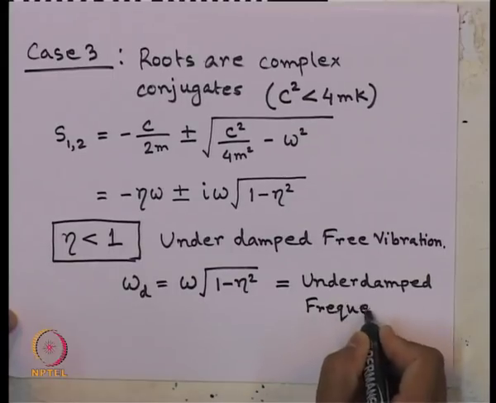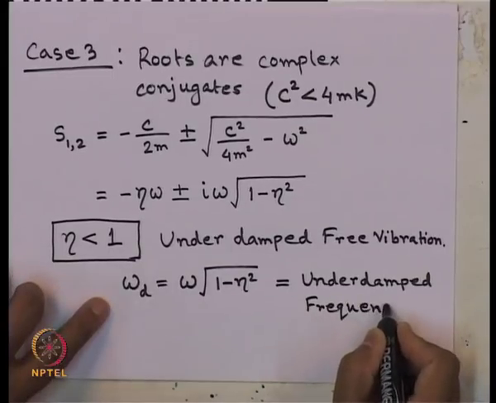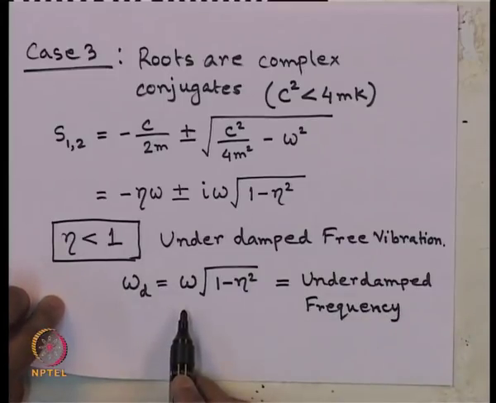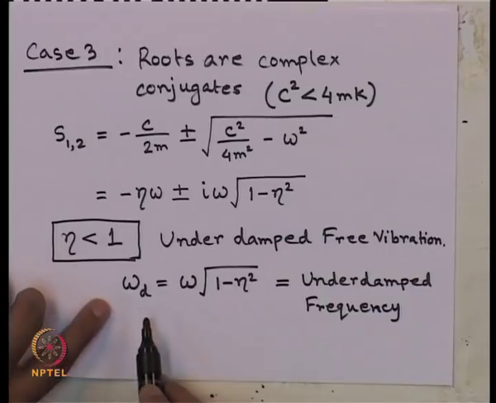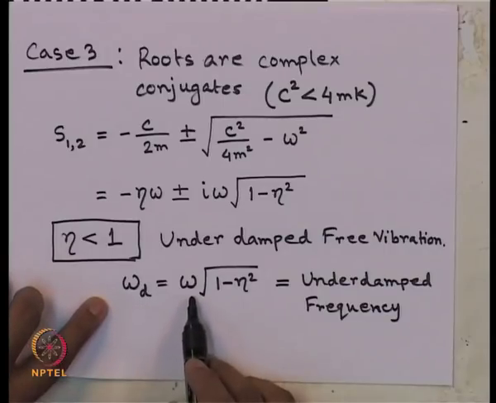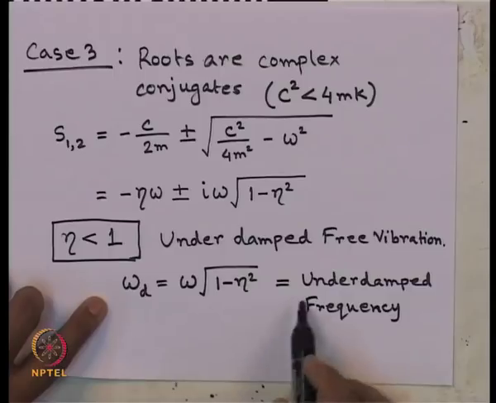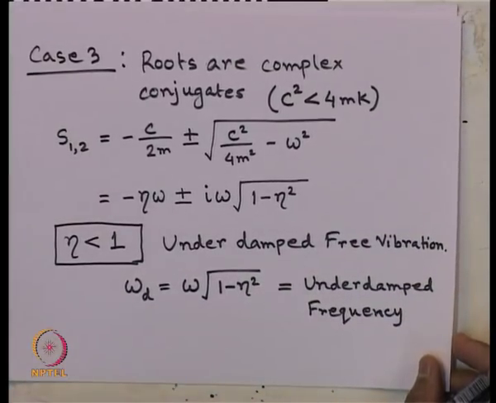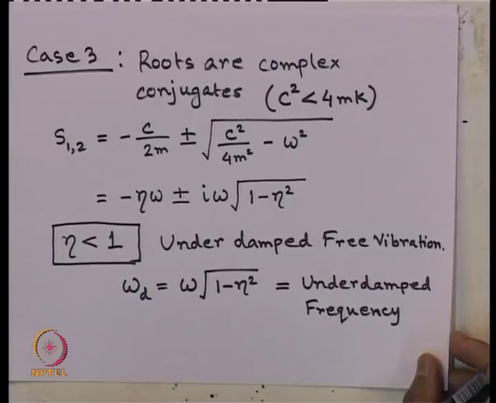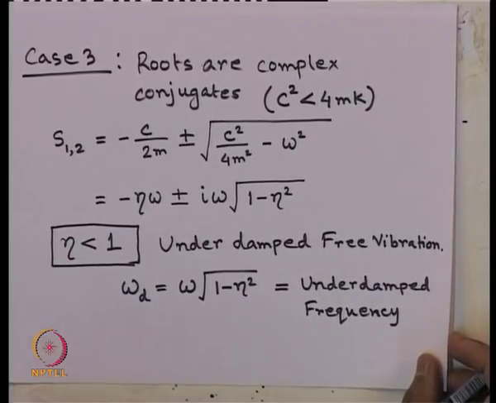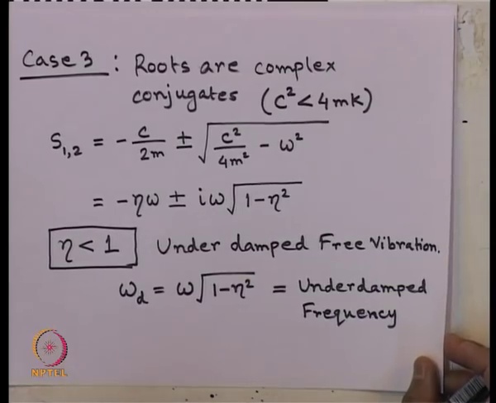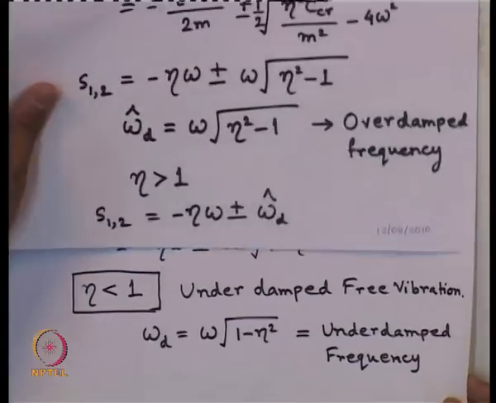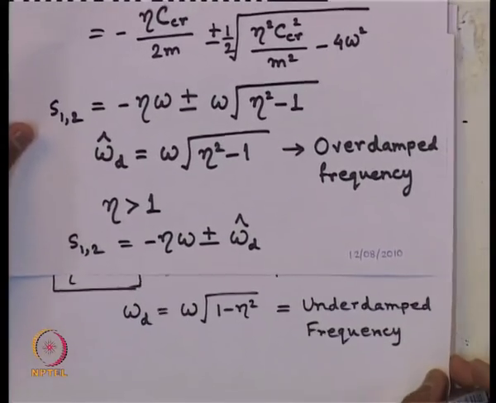So, earlier we have seen omega d cap, which is called over-damped frequency. Now, we are defining another parameter, which is omega d only, given by omega times root over 1 minus eta square, called under-damped frequency. And the difference between these two in terms of the expression, let us look here once again, so that it will be clear to us.